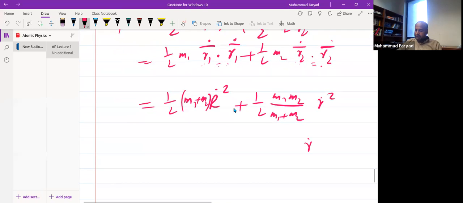By the way, small r is just the magnitude of the r vector and capital R is just the magnitude of the R vector.